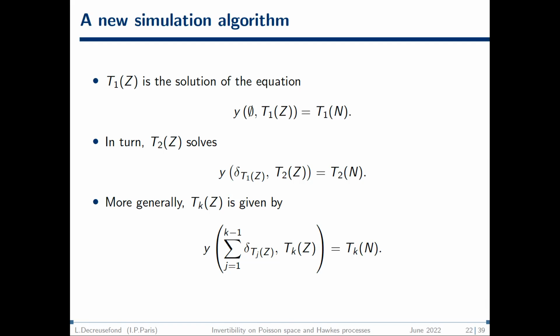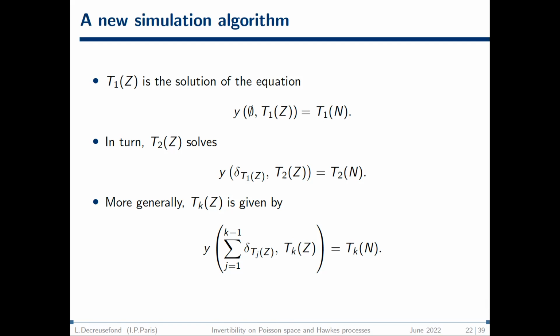Then you know the first jump time of z, and you solve this equation. And more generally, tk of z depends on the k-1 first jumps of z, and you have this equation to solve. And I tried it. When you use the usual expression of y, it's very easy to compute numerically the solution of these equations.